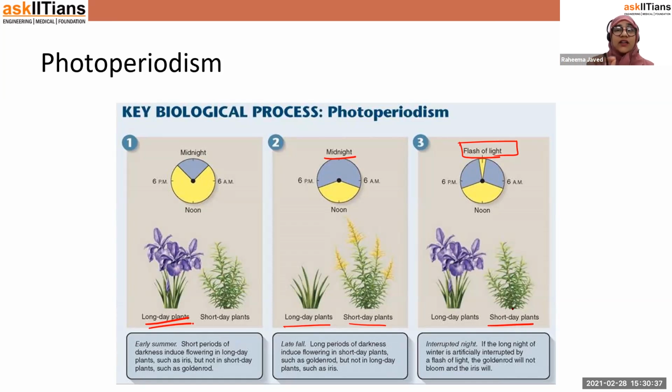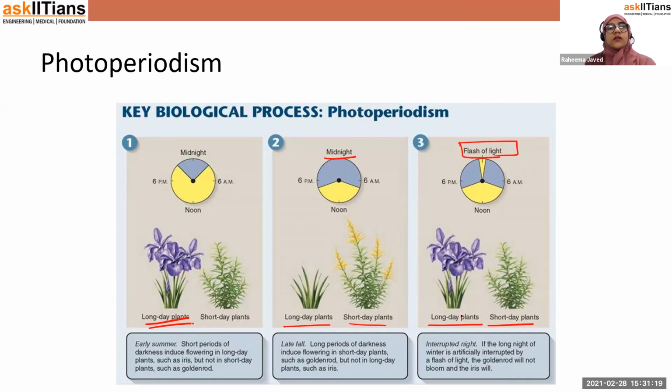But this brief flash of light given during the dark period will help in promoting flowering in long day plants. So this explains how sensitive the short day plants are as compared to the long day plants. If the light period given to the long day plants is interrupted with a short dark period, then the long day plants will not get affected, they will still flower. But if the dark period of the short day plants is interrupted with even a brief flash of light, the short day plants will not flower. So they are more sensitive than the long day plants.